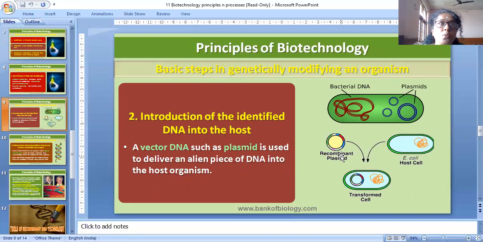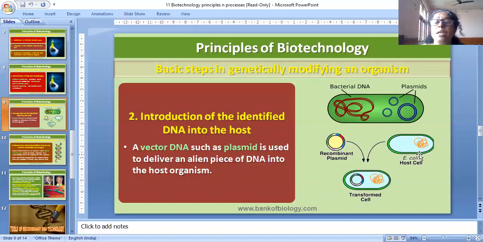Now only one recombinant DNA is there. For multiplication, to get more copies of this recombinant DNA, it is introduced into another organism like E. coli. Why is E. coli selected? Because the multiplication rate of E. coli bacteria is very high. Within minutes, we will get hundreds or thousands of organisms.